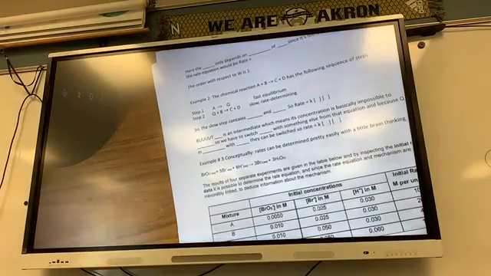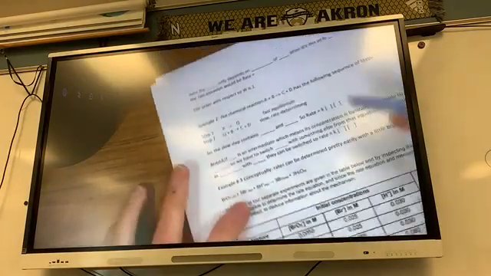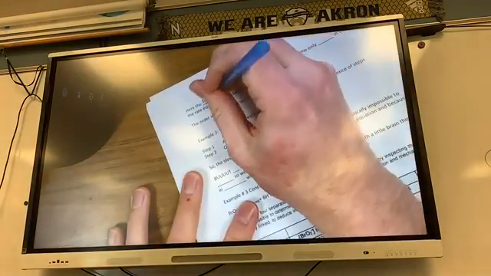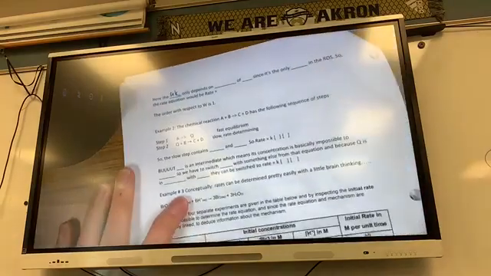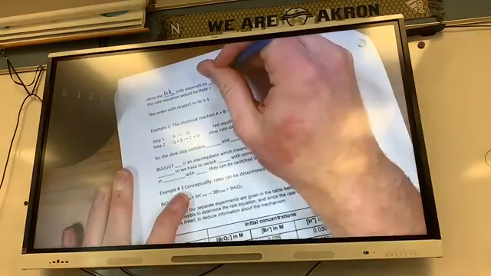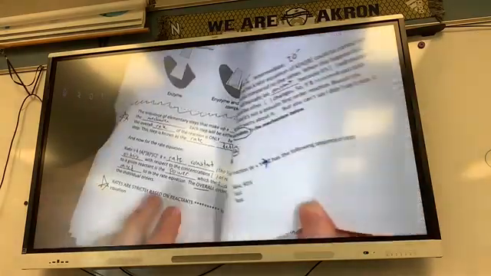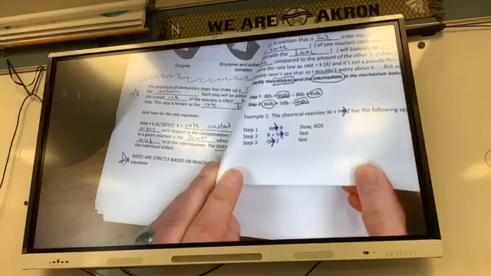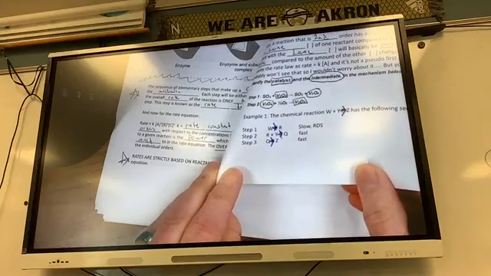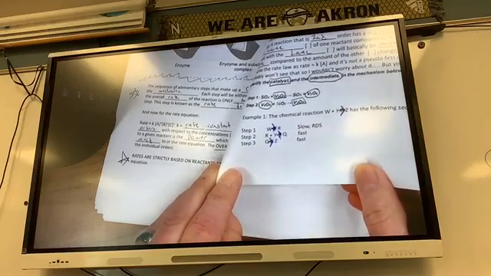You're going to have to flip back and forth, but the rate is only going to depend on the concentration of what letter? From yesterday, W. Why?